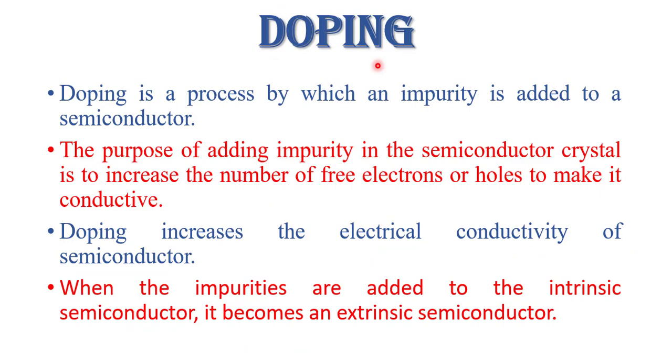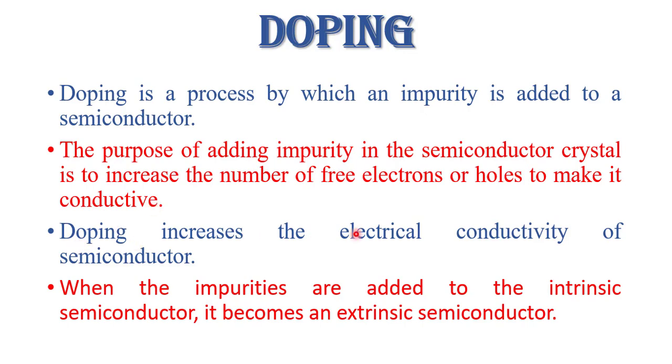Now doping. Doping is a process by which an impurity is added to a semiconductor. The purpose of adding impurity in a semiconductor crystal is to increase the number of free electrons or holes to make it conductive, or to increase the conductivity of the pure semiconductor material.